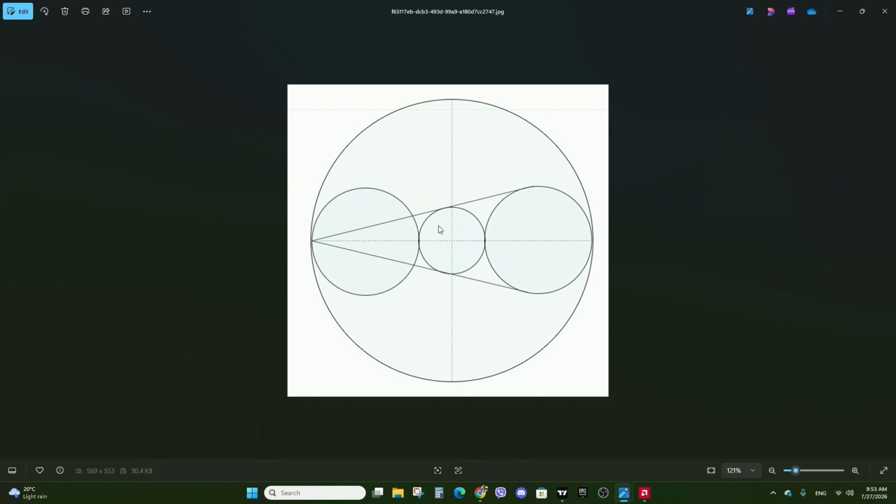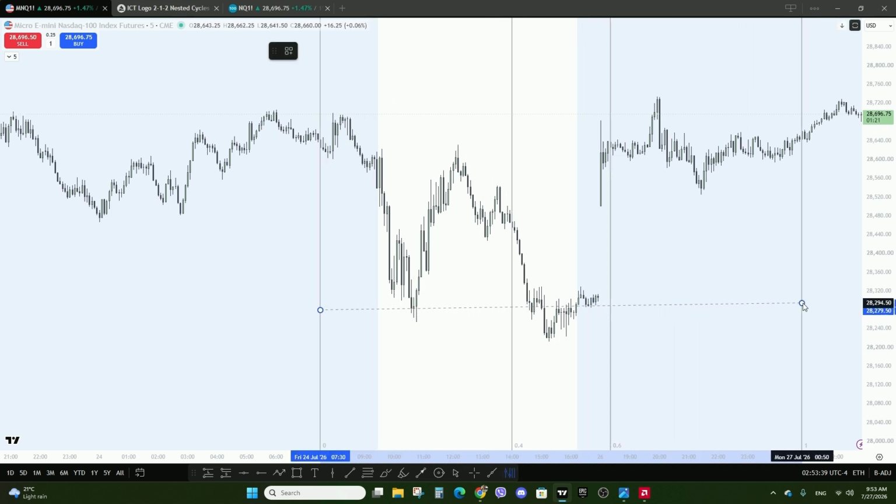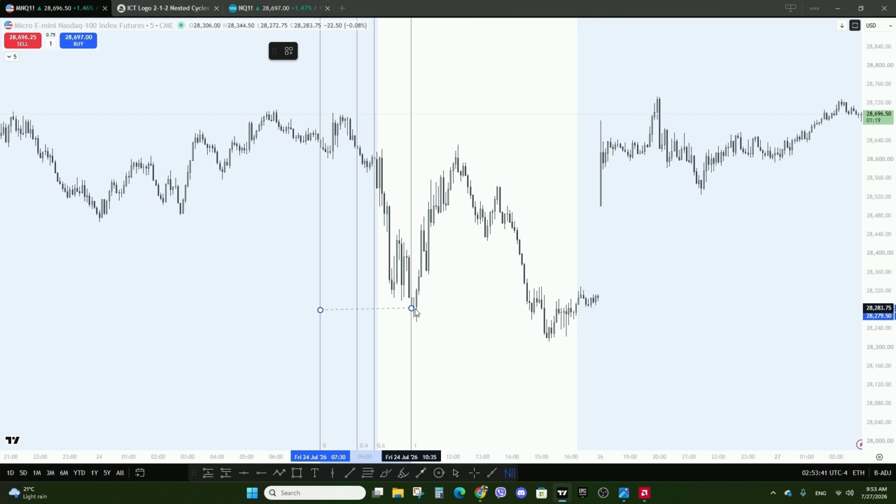So instead of putting the logo itself on the chart, I have created an indicator using the vertical FIB levels. And if you haven't used this on your chart, it's this little tool here. It's called FIB time zone. And it basically draws lines like this.